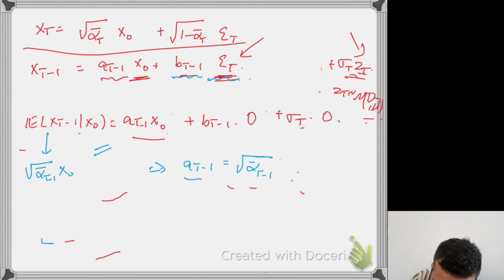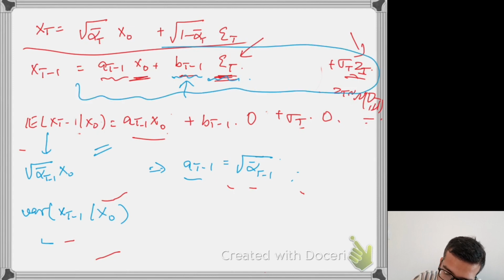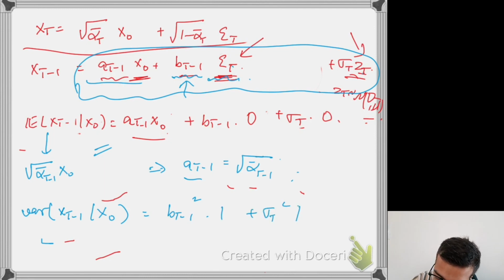For the second part, I need to compute b_{t-1}. What I need is to look at the variance of x_{t-1} given x naught. This is a constant given x naught, so the variance equals b_{t-1} squared times the variance of epsilon_t, which is 1, plus sigma_t squared times the variance of z_t, which is also 1.